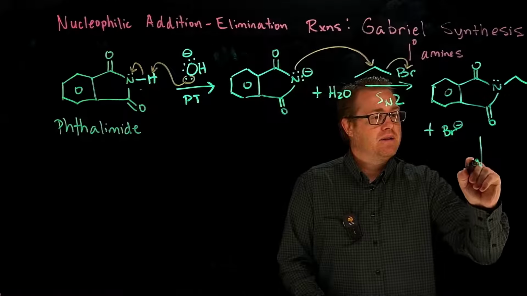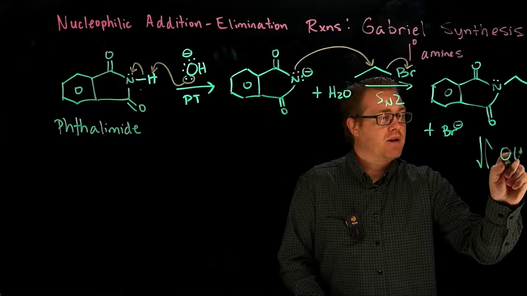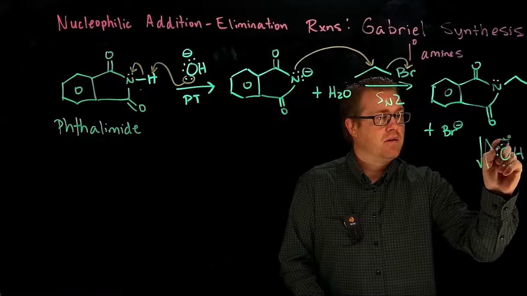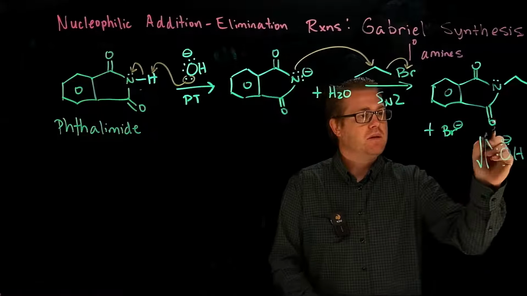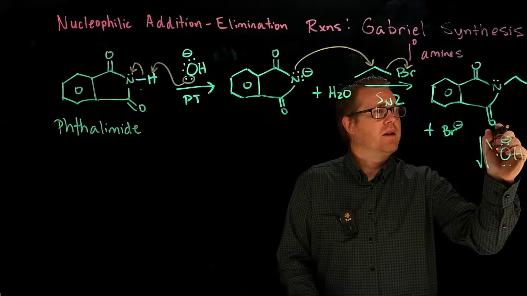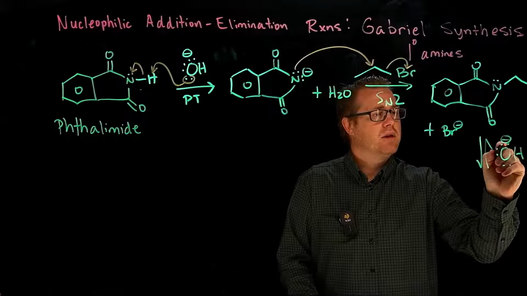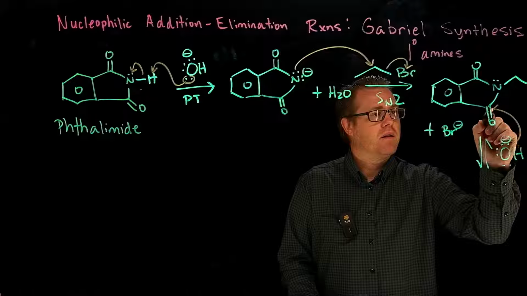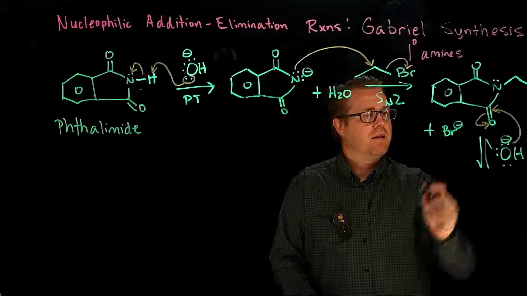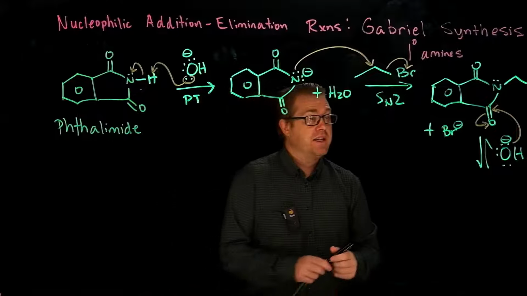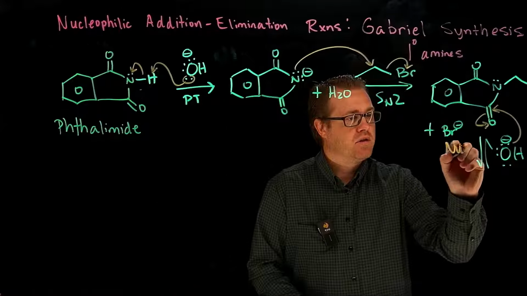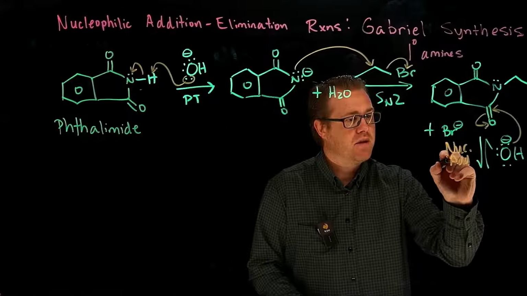So that is where we take our hydroxide, okay, and that's going to come in. Let's see here. Let's go right here, okay, like that. And so there's our nucleophilic addition step.